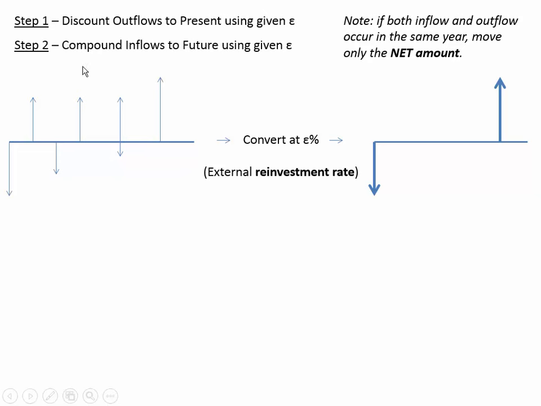What you should do is find the difference between the two, and in this case it looks like a net revenue, and then you would move that net revenue to the future. So that's the warning. Because if you don't do that, you'll end up with a different external rate of return, just because of the way that the funds compound. If you are discounting the expense to the present and the revenues to the future, it doesn't correctly account for the compounding effect.